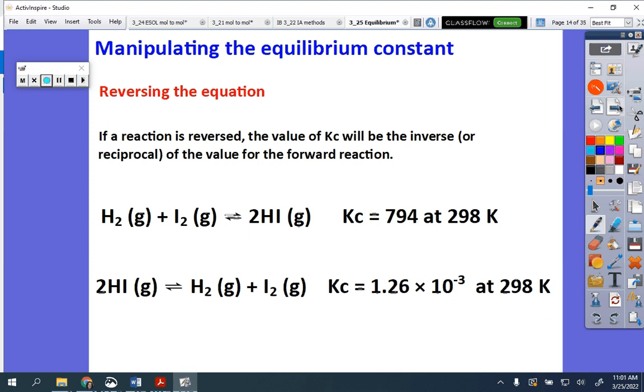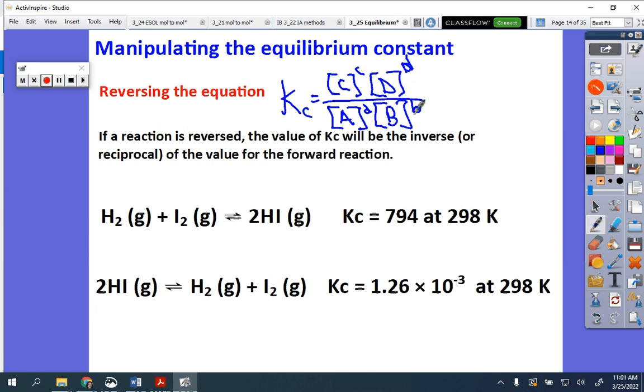So if you think about our original generic formula, that should be a lowercase d. If these are our products and these are reactants, that's how we're going to calculate it.